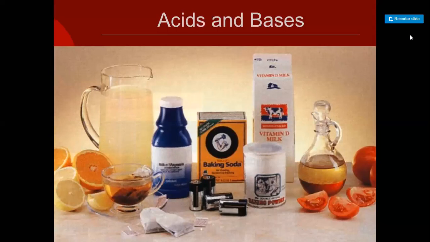This diagram speaks it all. Baking soda contains sodium bicarbonate, which is again a base. Batteries contain acid. Tomatoes contain acid. Lemon juice, orange juice, tea, they all contain acids.